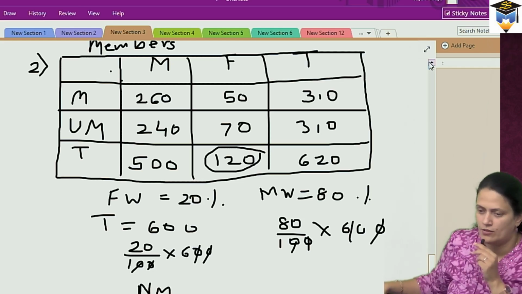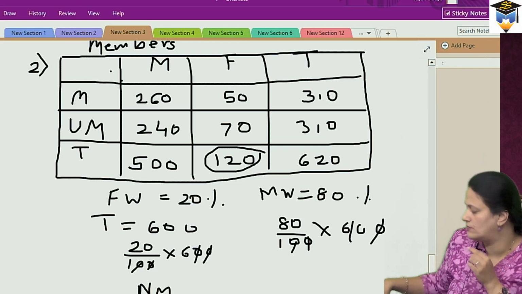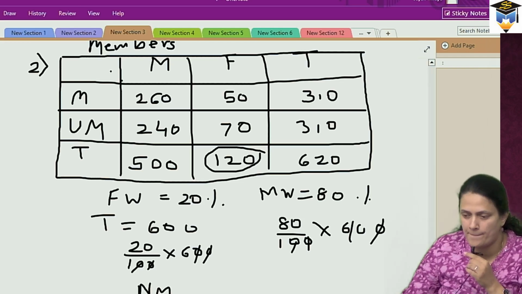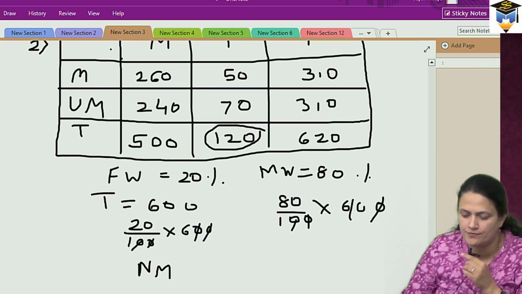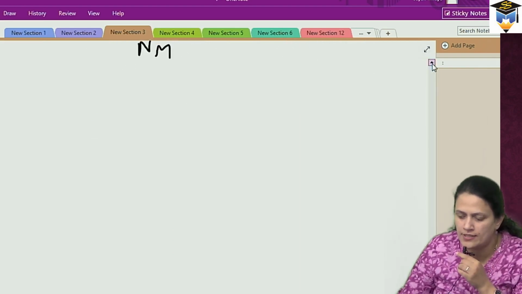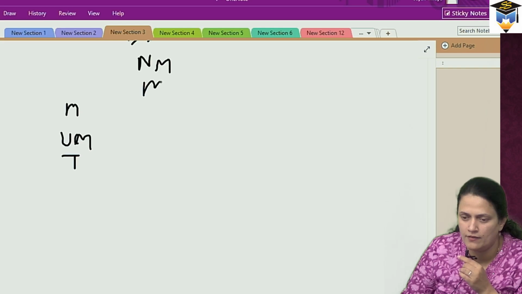Okay. So now let us do it for non-members. So for non-members, let us form the table. Married, unmarried, then total, male, female, total.